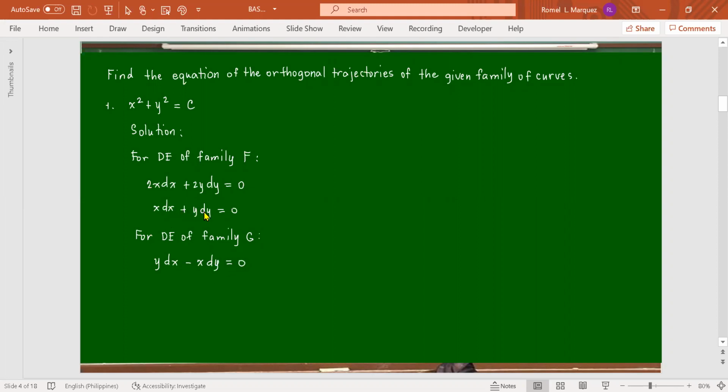Again, interchange the coefficients x and y, so we'll now have y and then here x, but this one is negated. Okay?